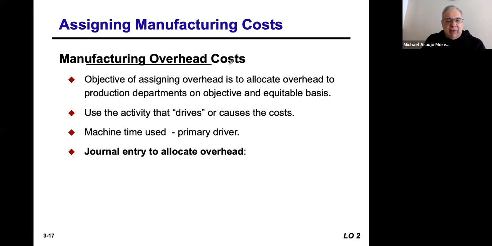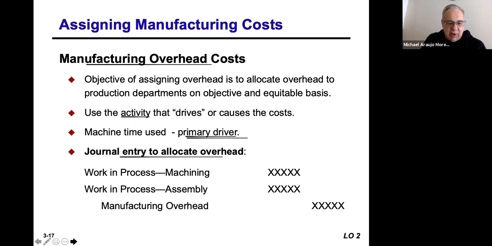And then we have our manufacturing overhead costs. Now, the costs usually revolve around what we call a primary driver. So, what is the activity that is the primary cause of the costs in our overhead? That's usually how we allocate it, and we're going to be learning a little bit more about that as well.